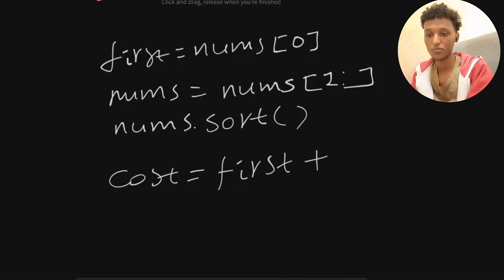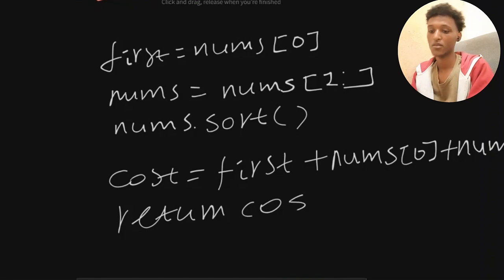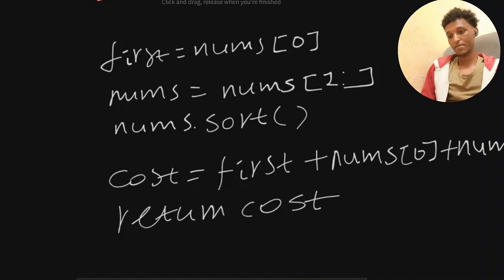So nums of 0 plus nums of 1. So I can return this cost. Okay, I hope it is clear.